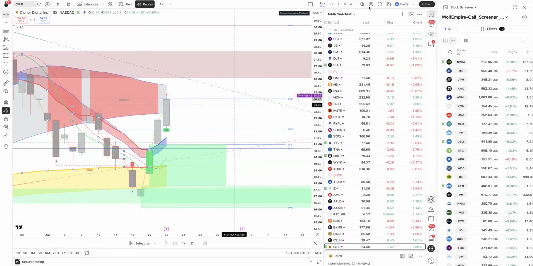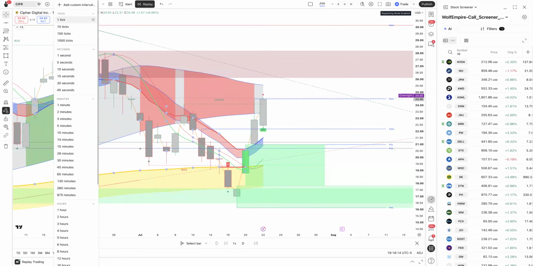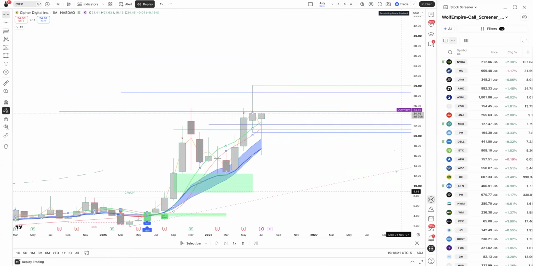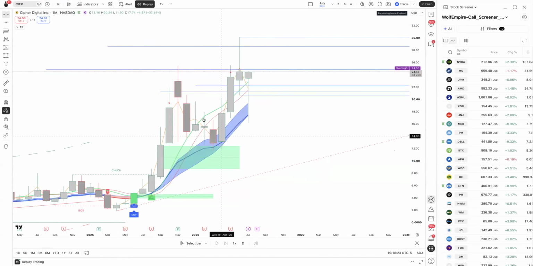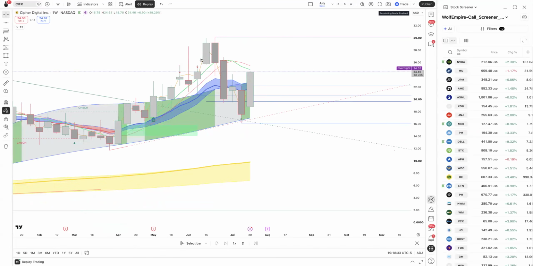And so now all you have to do once you understand the chart is literally take screenshots of the 1 month chart. So you would go to the 1 month and you would take a screenshot of the 1 month, right? And then I'm going to just go through this real quick so you can see exactly what the process is. So I'll go to the 1 month, I'll go to the 1 week, all right, and I'll take a screenshot of that.